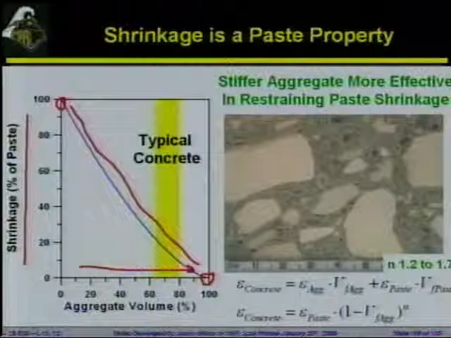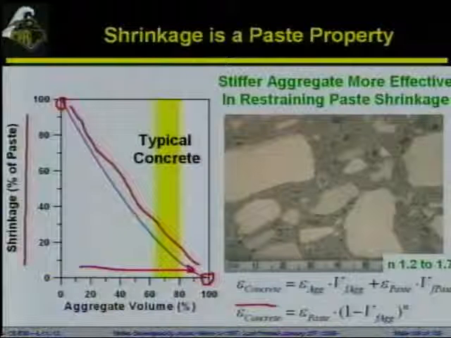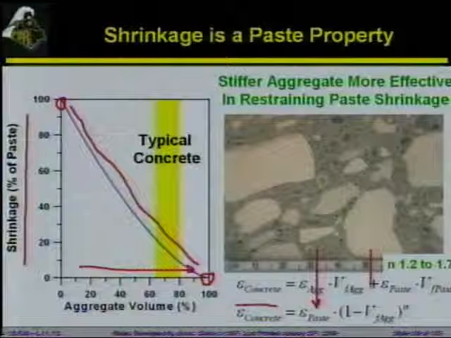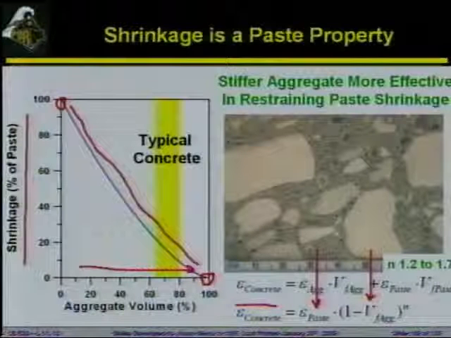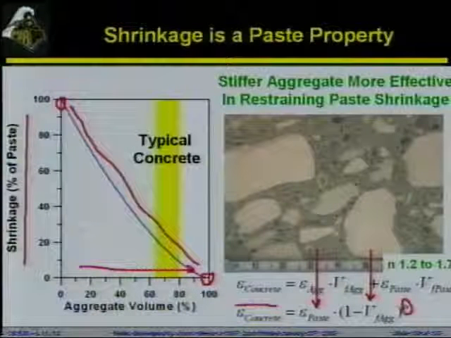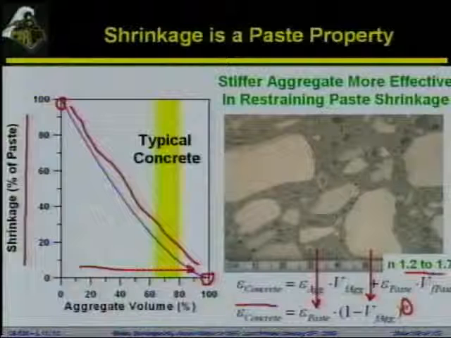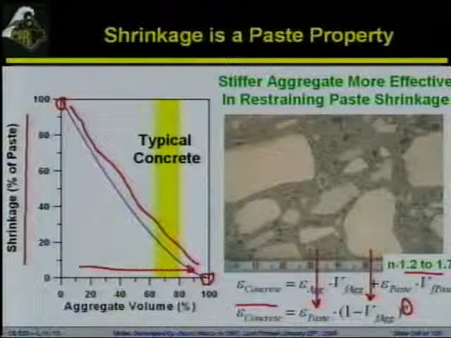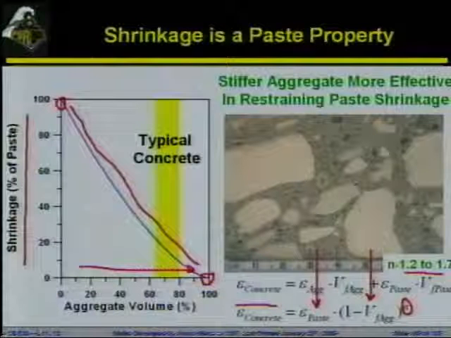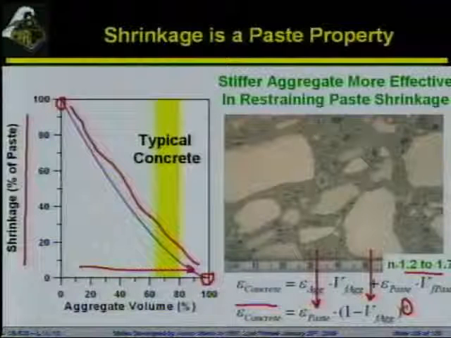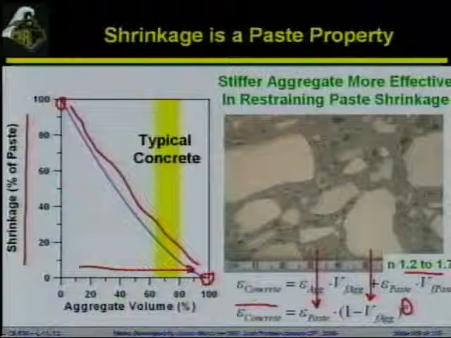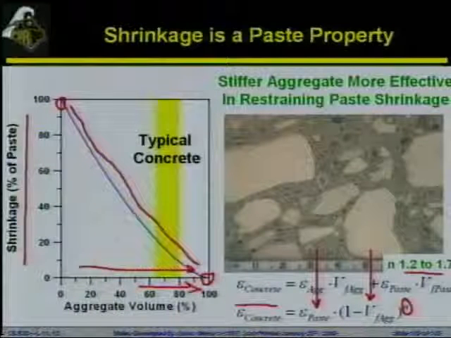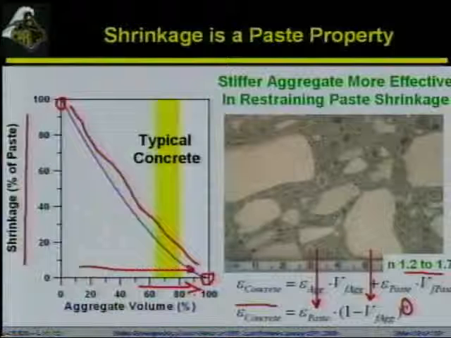And Pickett's equation tells us how much shrinkage we would have for our concrete as a function of the shrinkage of the paste times 1 minus the volume of the aggregates raised to a constant that's usually somewhere between 1.2 and 1.7. The specifics of this equation aren't really important. What's really important right now is that you get the basic concept that the higher the amount of aggregate, the higher the volume fraction of the aggregate, the lower the shrinkage.